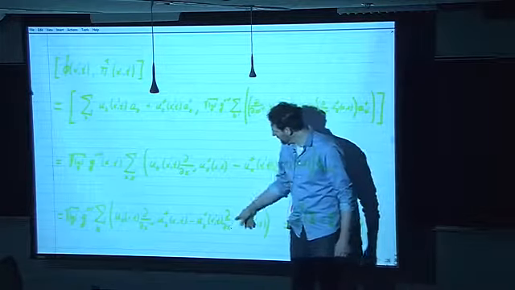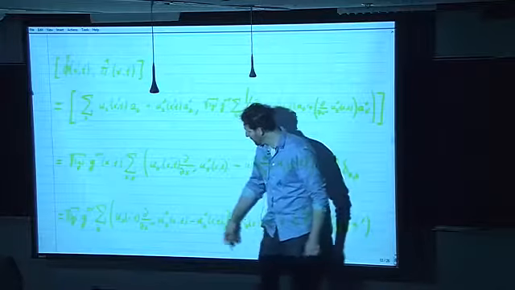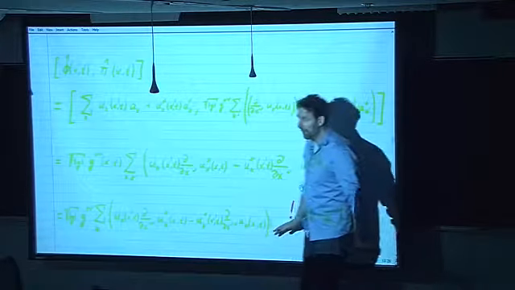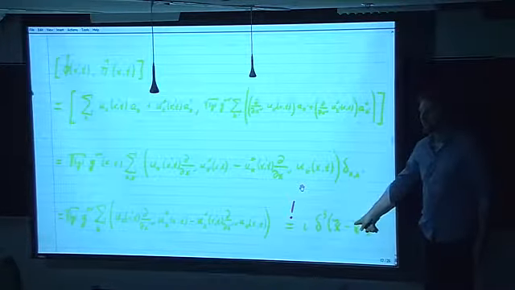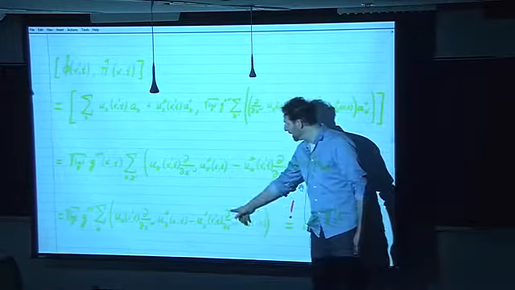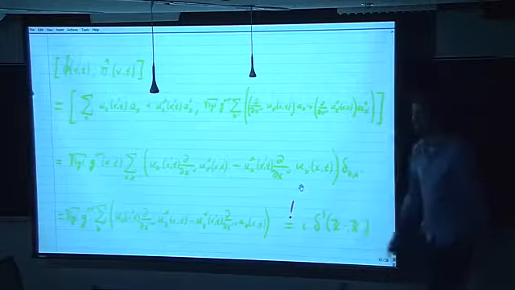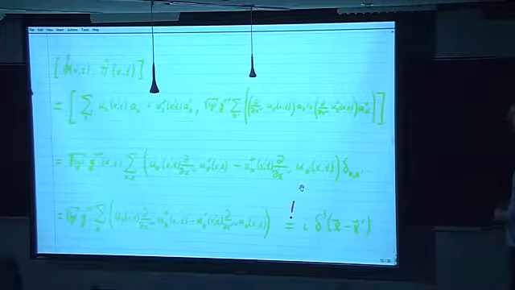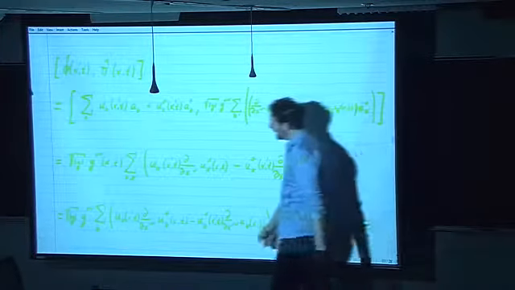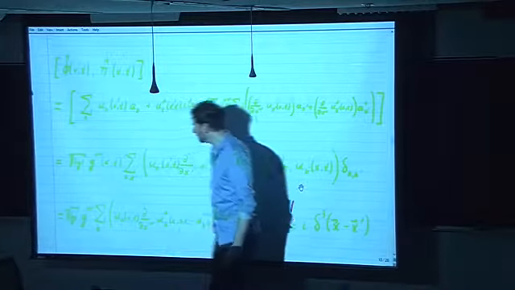And when you differentiate them, still smooth. When you multiply them, still smooth. And then you take the difference, still smooth. But we need the Dirac delta over here. So we need to sum up infinitely many of them to have a chance to produce a distribution out of smooth functions. That's why we need an infinite sum here.